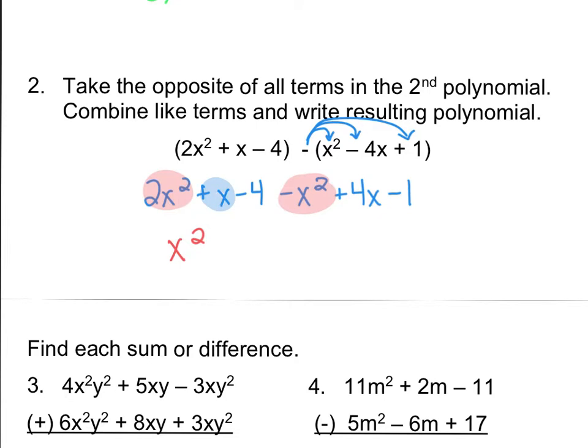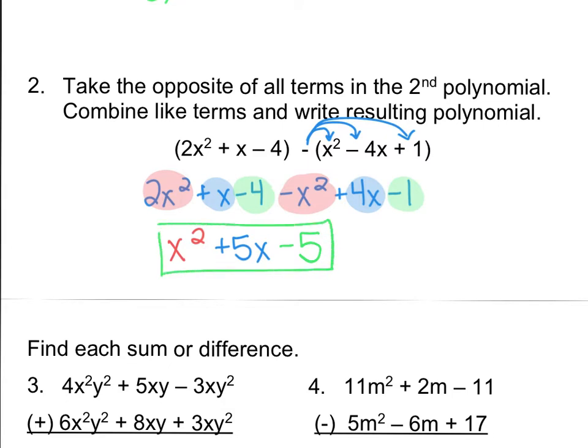Then we've got a positive x plus 4x, that's going to leave us with plus 5x. And finally, we've got negative 4 minus 1 is going to leave us with negative 5. So there's nothing else on that problem that we could combine. So this would be my final answer, the resulting polynomial after we combine like terms.